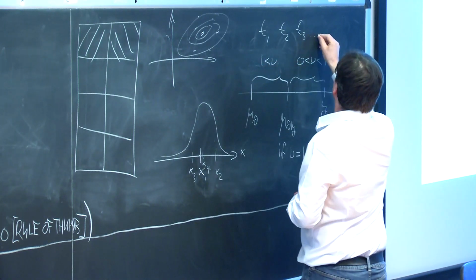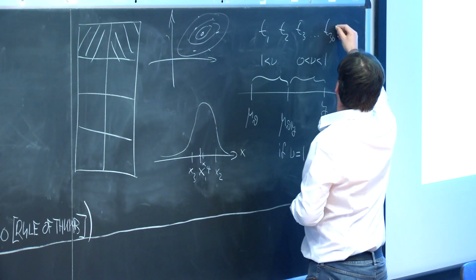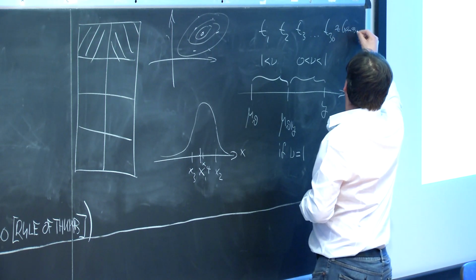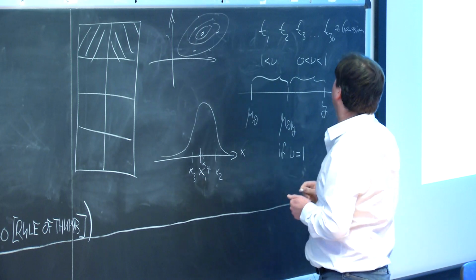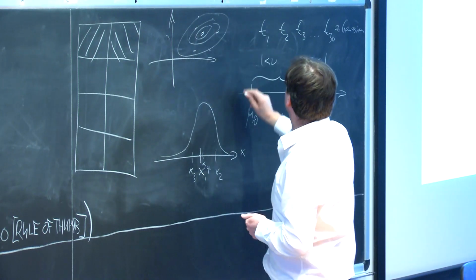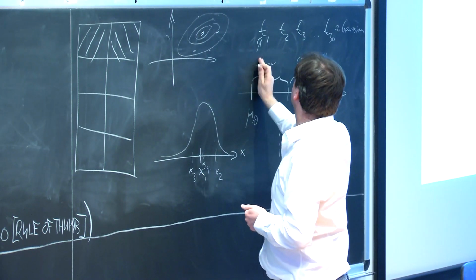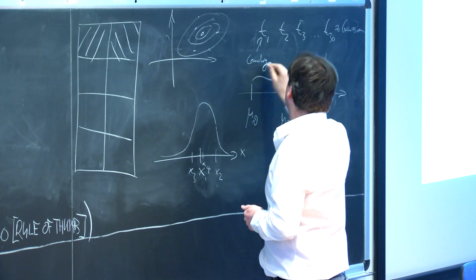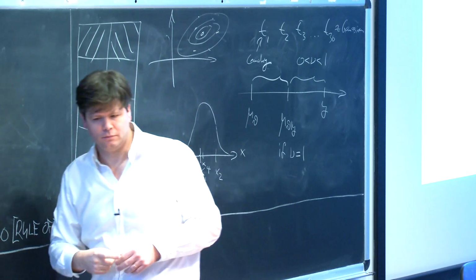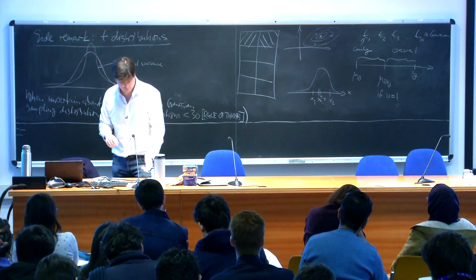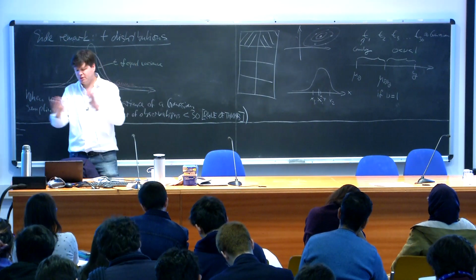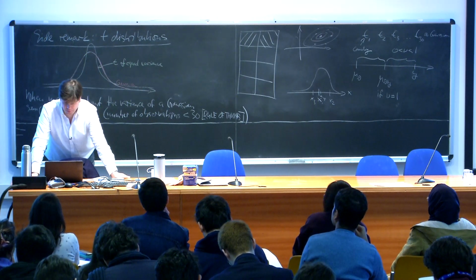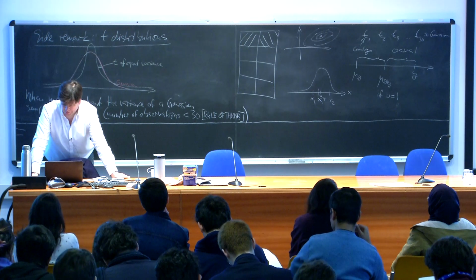And when you get to t30, then you're approximately Gaussian. And t1 is called the Cauchy distribution. These are just side remarks, not part of the curriculum.